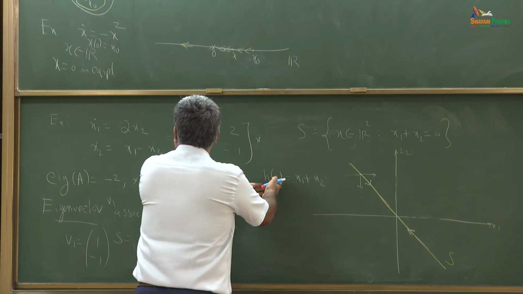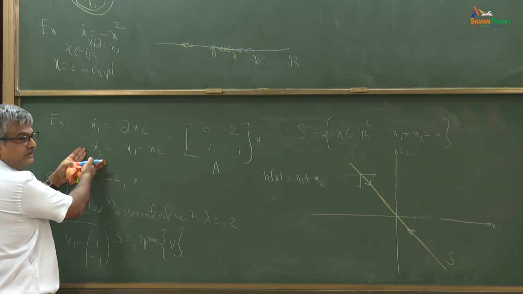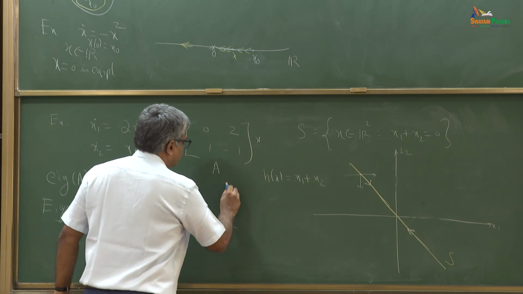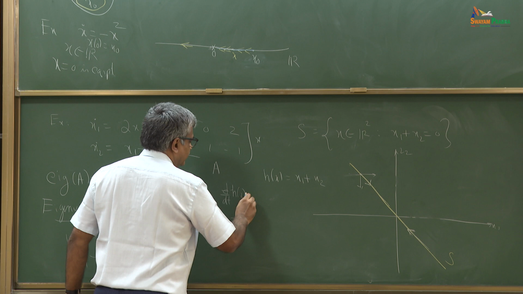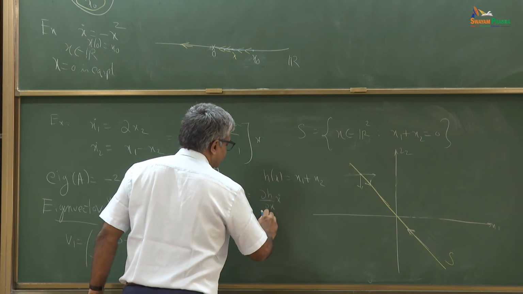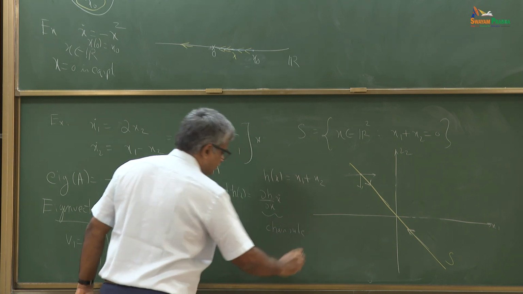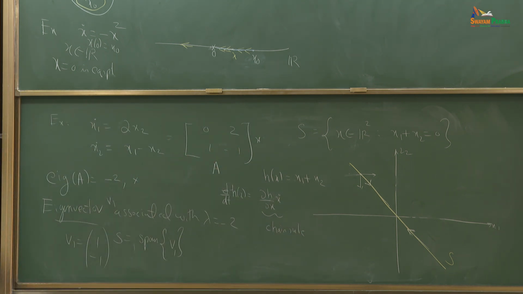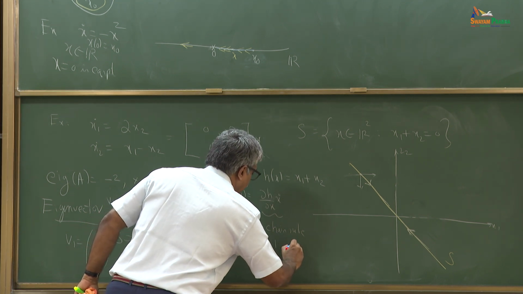You differentiate this along the dynamics, along the trajectories of this system. So d by dt of h of x is nothing but dou h by dou x times x dot. This is by the chain rule. So what is this? This is 1, 1.